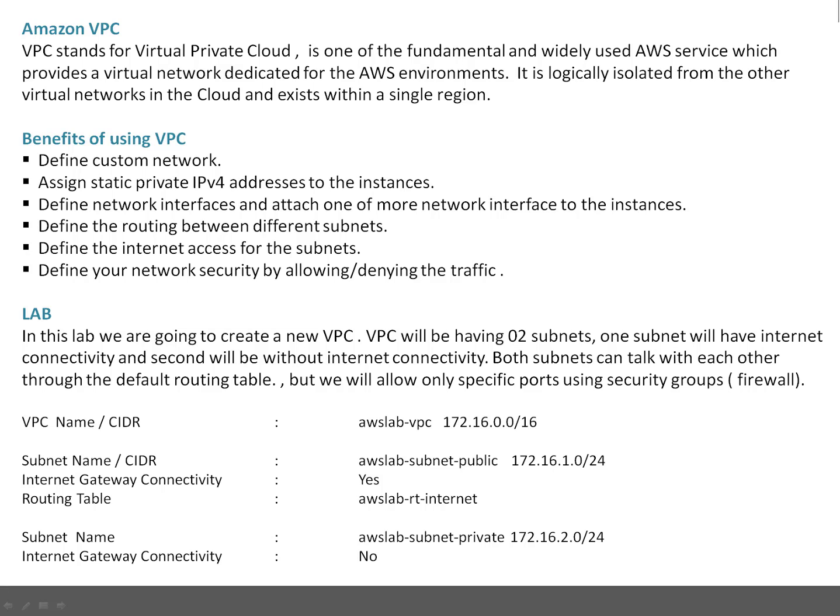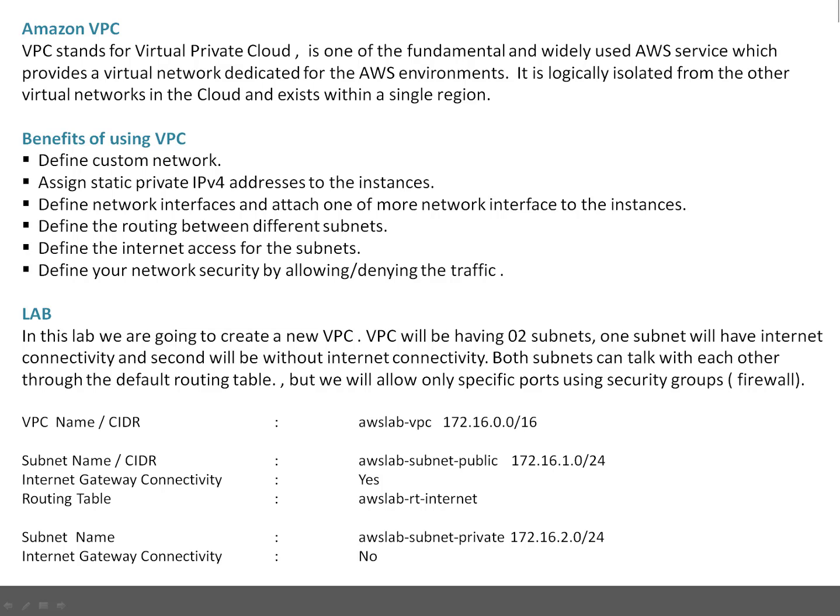No one needs to connect to your database servers because your application or web servers will be talking to your database servers. So what we are going to do, we are going to keep our database servers in subnet which will not be having internet connectivity, and we will put our application server in the internet facing subnet.